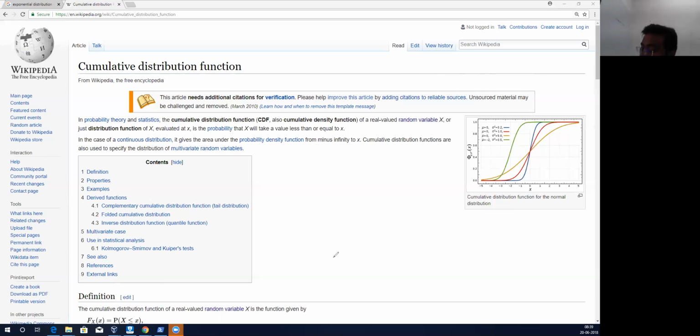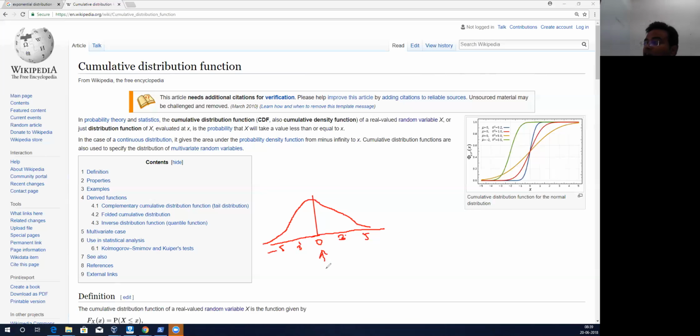Now what we have seen here is, suppose this is 0, this is -5, -3, +3, +5. If the curve is like this, the mean is 0, isn't it?